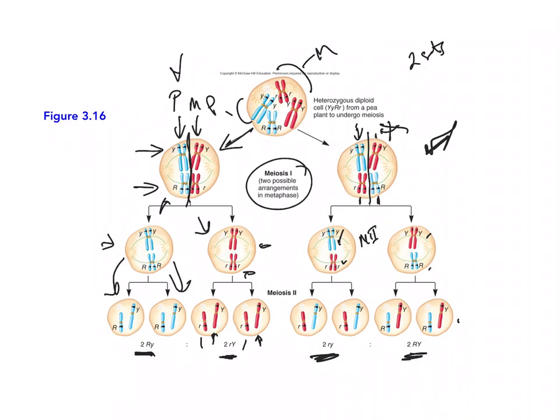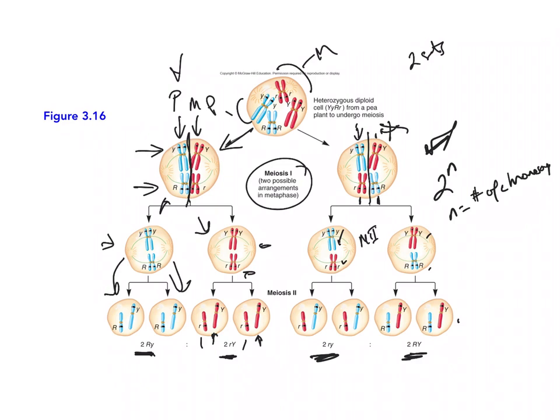Now imagine that the more chromosomes you have, the more possible arrangements you're going to get. We can think of that as a math problem. We can raise 2 to the n, where n equals the number of chromosomes in a set, basically the haploid complement.